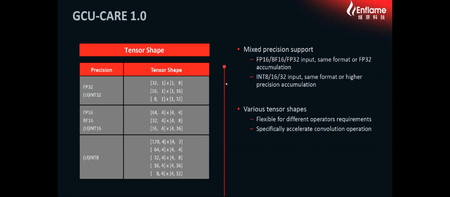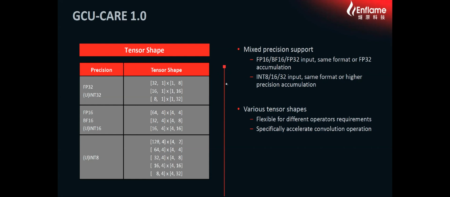And that gives us a lot of flexibility because we support different tensor shapes. In that sense, we can accelerate different kinds or different shapes of convolution neural network operators or matrix multiply operators by composing different types of instructions together within a single core computation. So that's the key. As we provide a flexible computation shape, we can accelerate flexible shapes of operators without wasting any computation resources.